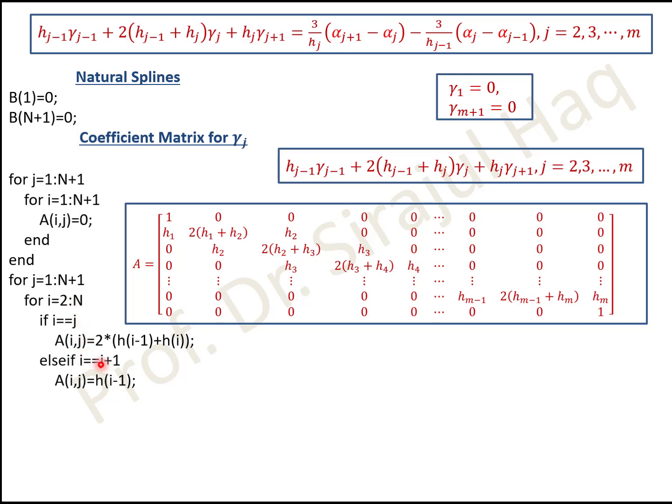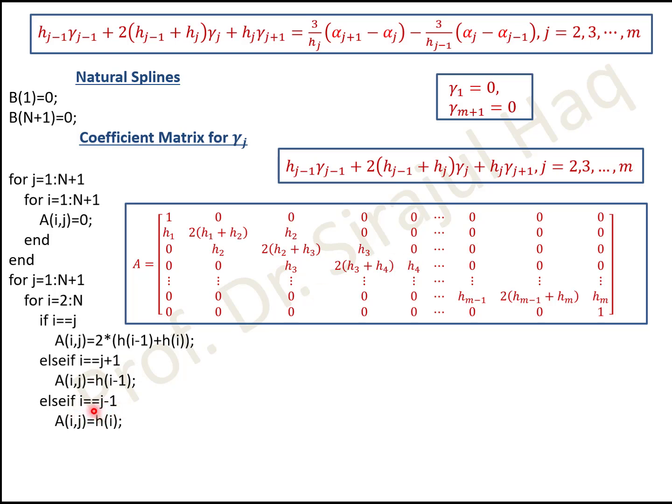When j is n minus 1, the value of this will be h(n minus 1), and you can see that is the final value. So with the help of this line and this line, we constructed the entries below the main diagonal. Now let's come to the values above the main diagonal. What will happen in that case? I put a restriction. This condition is satisfied now.